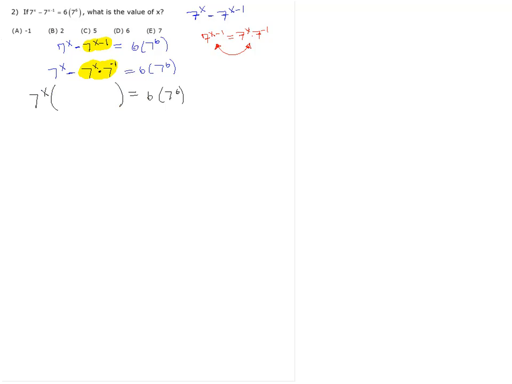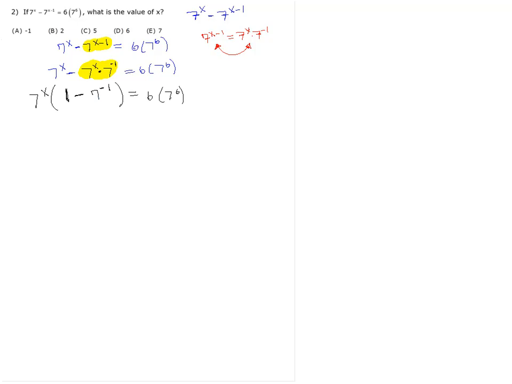When I pull 7 to the x out of itself, I'm left with a 1. When you take 7 to the x out of 7 to the x, there's a 1 left in the wake. The minus sign is still here, that hasn't changed. And now when I pull the 7 to the x out of the yellow term, I'll be left with 7 to the minus 1.